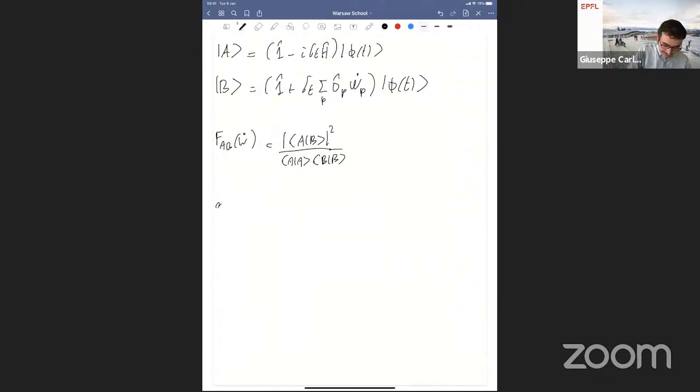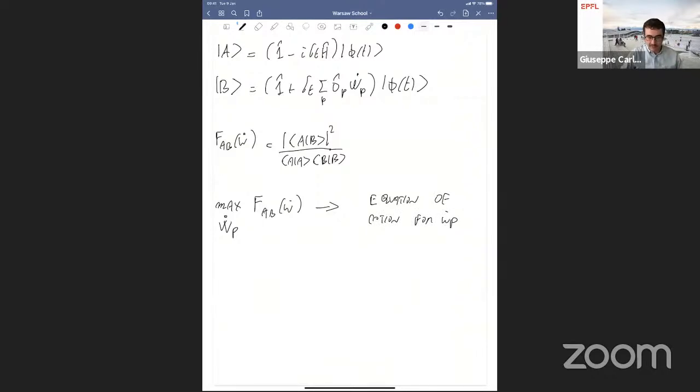So what you do when you maximize the fidelity with respect to these time derivatives of the weights, you will find at this order in delta t a quadratic equation in W dot, in the time derivatives of the variational parameters. So you will get an equation of motion for W dot_p.